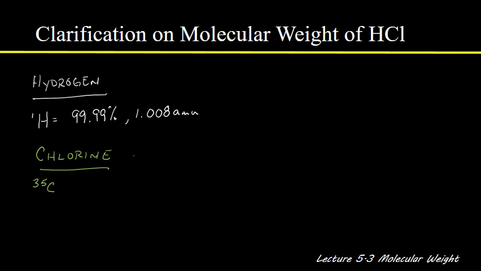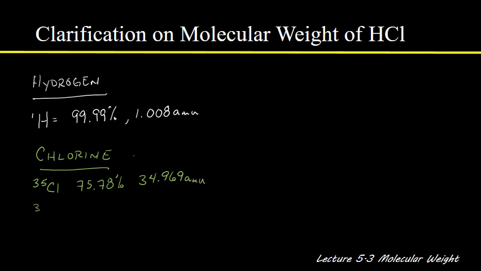The more common of the two is chlorine 35, which has an abundance of a little over 75%, almost 76%, and has an atomic mass of 34.969 AMU.